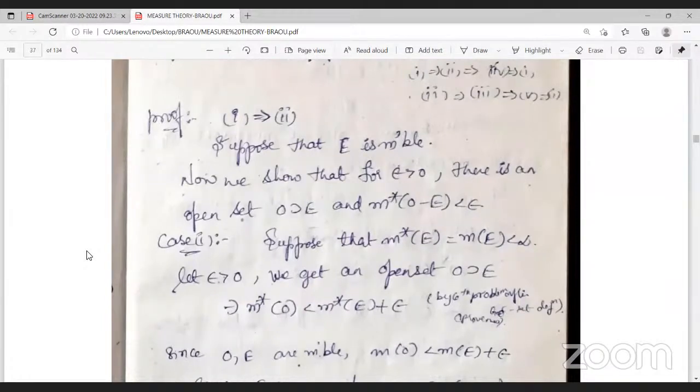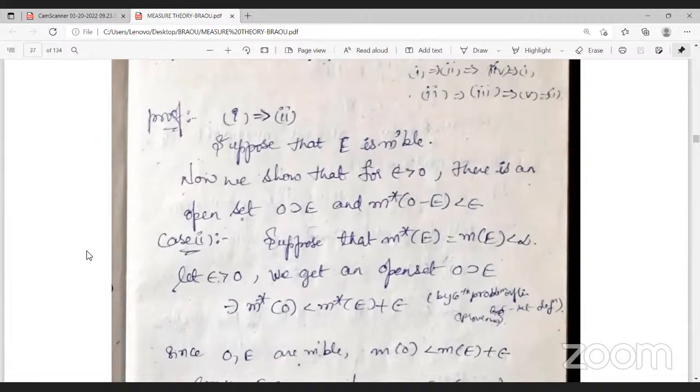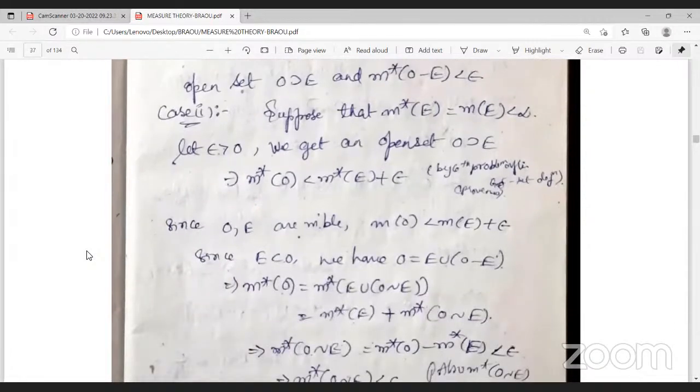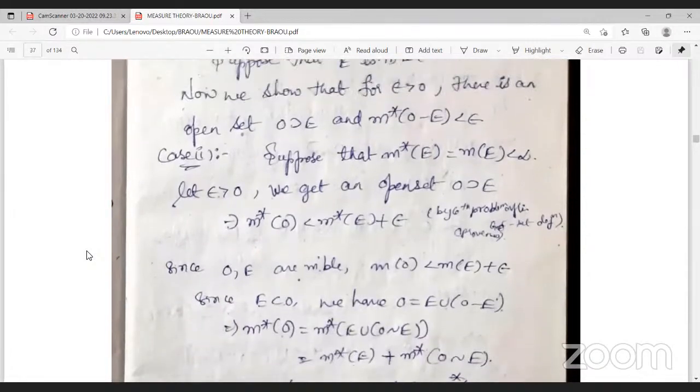M star of E less than epsilon. M star of E less than epsilon. Okay, no?